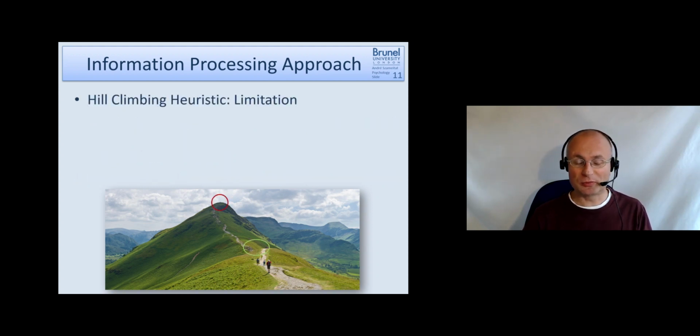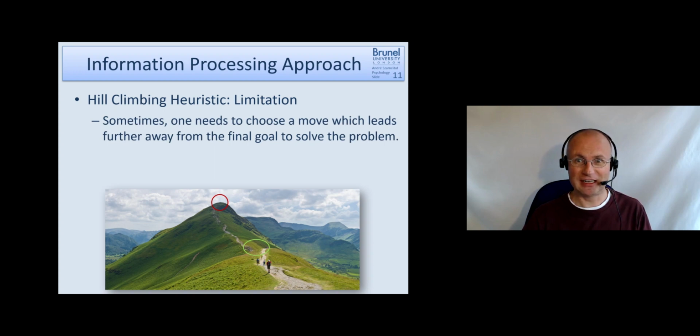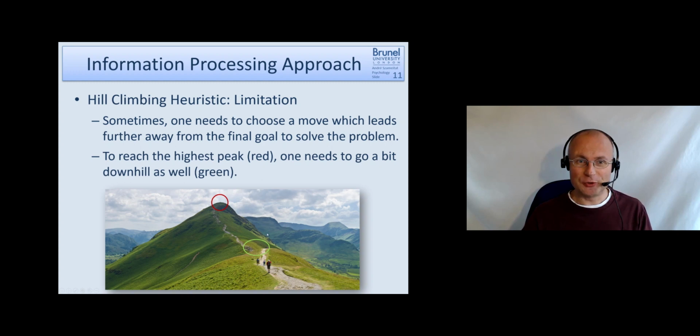However, you probably in this image can quite easily see the problems with these type of heuristics. And that is, sometimes you need to make a move which leads you further away from the final goal to really solve the problem. So in this example, if you want to reach the highest peak, marked in red here, on your way you may need to go a little bit downhill as well for a brief amount of time and then uphill again.